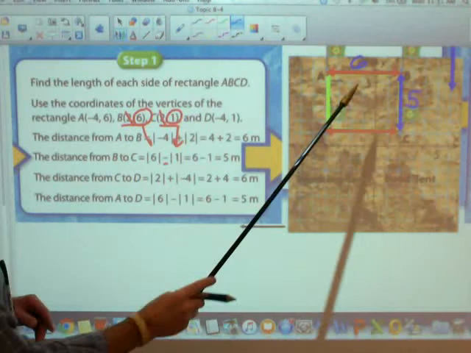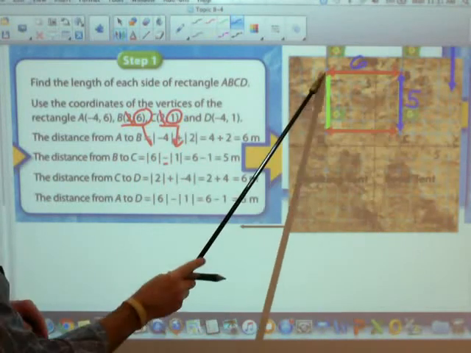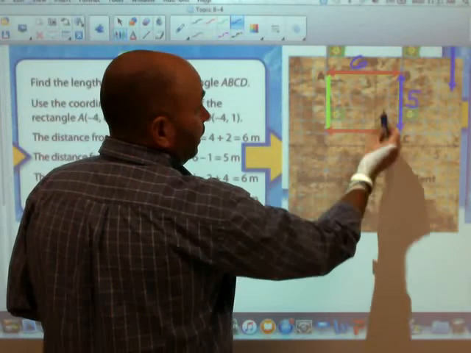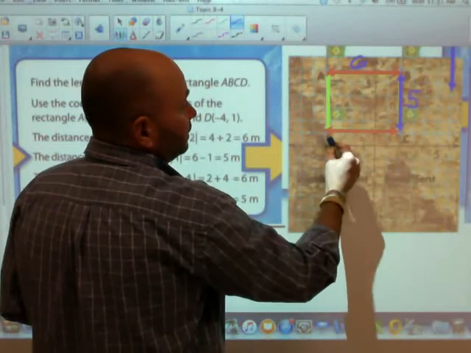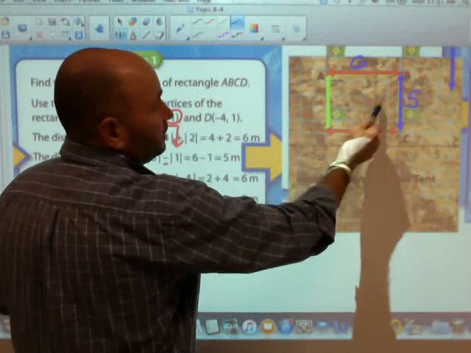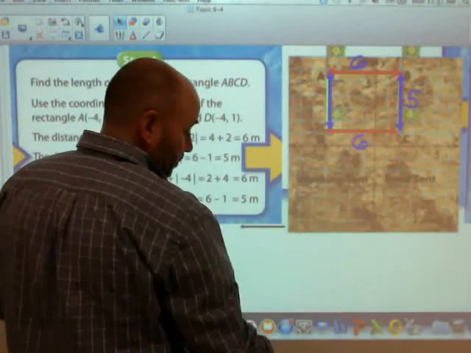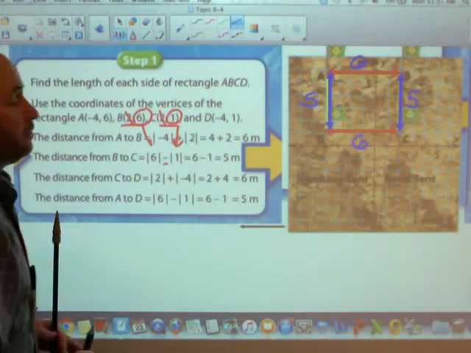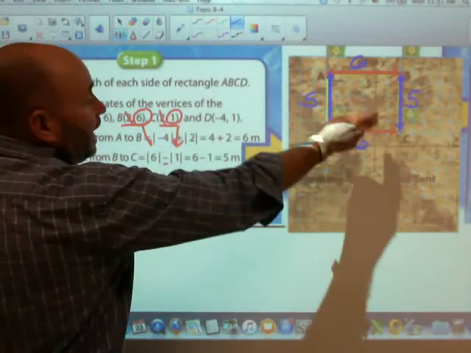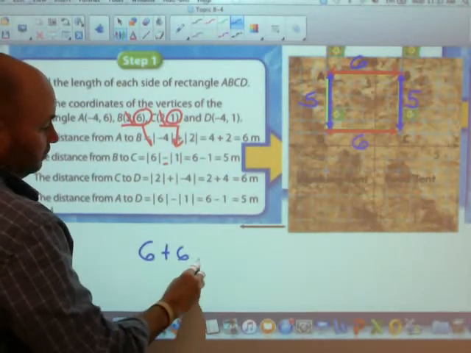Okay? So now that we have this length and this length, we can figure out the opposing lengths. Because these points are both parallel to this axis, we know that this distance and this distance are going to be the same, so that's 6. And we know that this distance over here will also be 5. So now we can determine the perimeter. All we have to do now is add those amounts up. So we can take 6 plus 6, which equals 12.